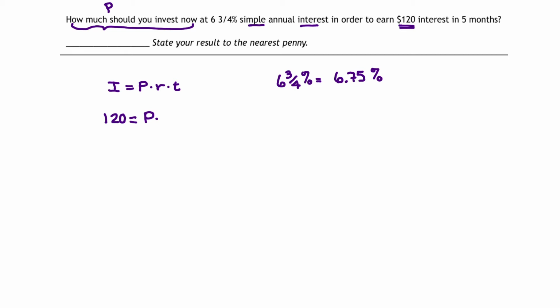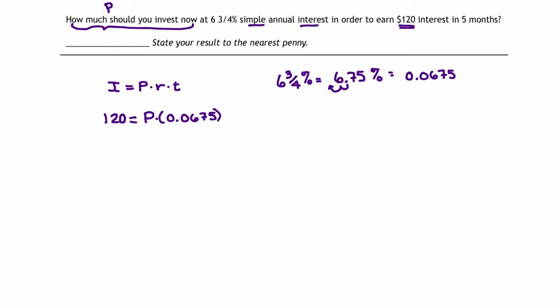So if I want to put that into my problem, I can put it in as a percent, but it's much more useful if we convert it into a decimal. That's equivalent to the decimal 0.0675. So that's going to be the decimal that I put here for my interest rate, 0.0675.